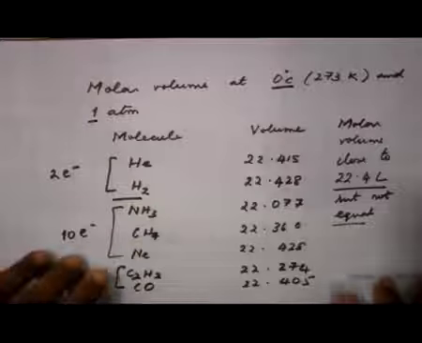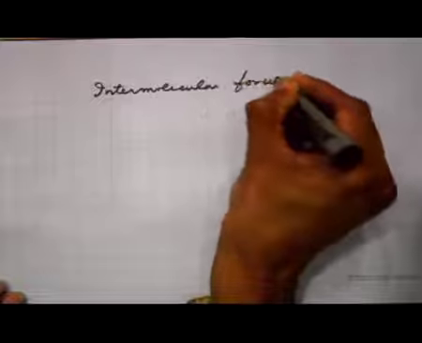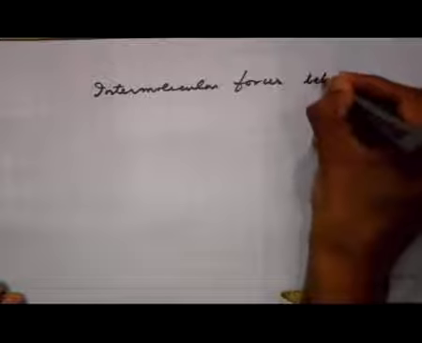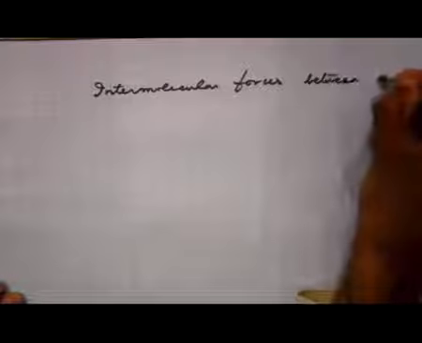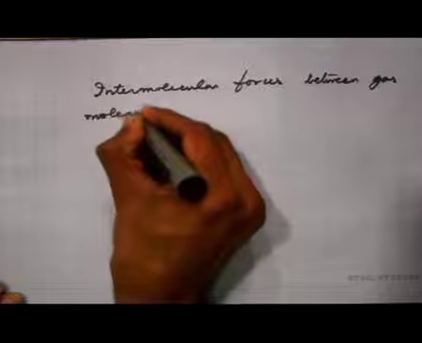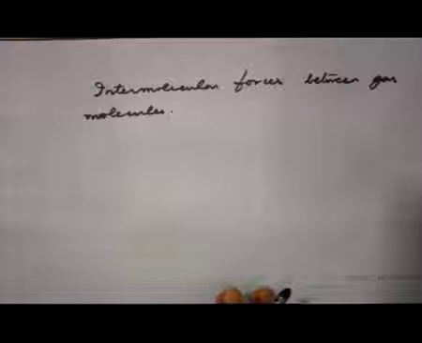So, whatever that is, the deviation from ideality is relatively small. This points to intermolecular forces between gas molecules, which is the reason for this difference that we see in the molar volumes of gases under identical conditions.